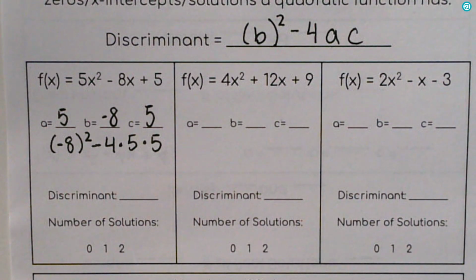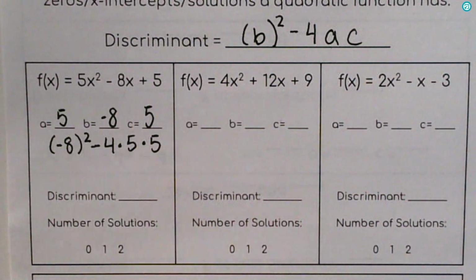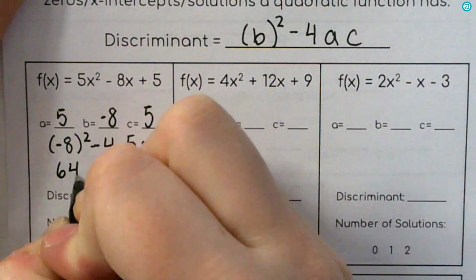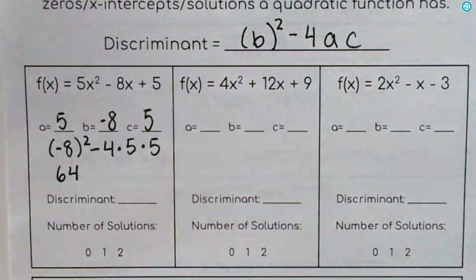Okay, from here, you have two options. You can work it out in two pieces, or you can work it out all in one big piece in your calculator. So I'm going to show you both. If we were to work it out in two pieces, we would do the negative 8 squared first. Negative 8 squared means negative 8 times negative 8, so that's 64. And then we would do minus 4 times 5 times 5 as well.